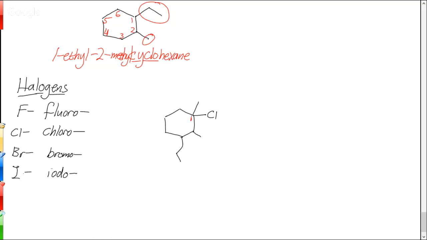And then we're going to go around clockwise. Again, you can go either way, clockwise or counterclockwise. You want the lowest possible numbers. So you want to go 2 and 3, and then 4, 5, 6 over here. So our main name is going to be cyclohexane, because we got 6 things in the ring. We've got methyls on 1 and 2, propyl on 3, and chloro on 1.